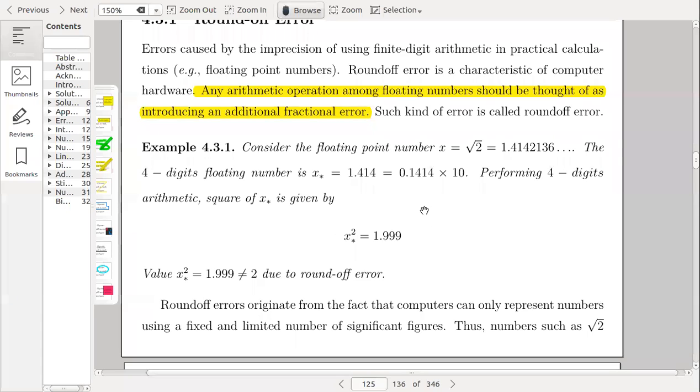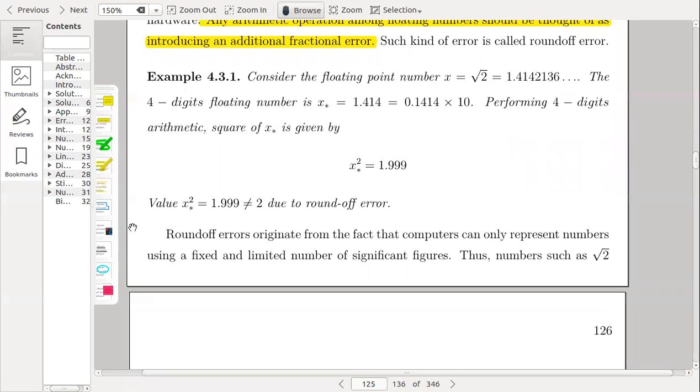We can write this as 0.1414 into 10. Performing 4 digit arithmetic, x star square is equal to 1.999. So the value x star square equal to 1.999 is not equal to 2 due to round off error.